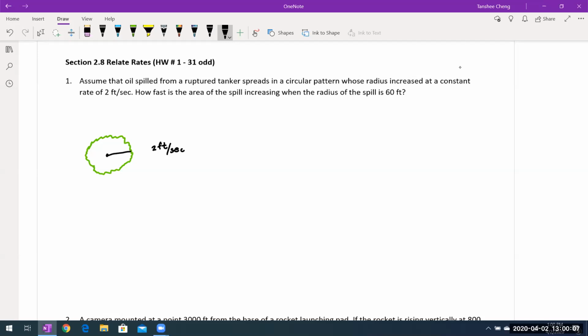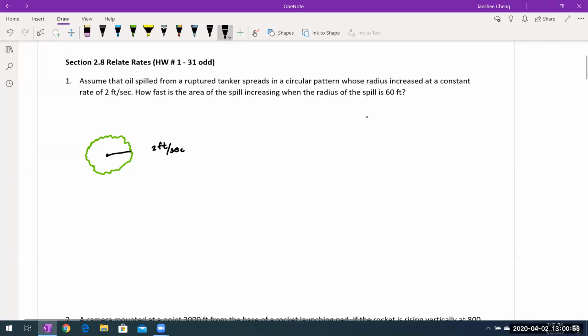Because the radius and area have a relation between those two. So the whole idea of related rates is using the rate of change of one quantity in terms of the rate of change of a different quantity, something that we already know, so that we can compute it more easily.